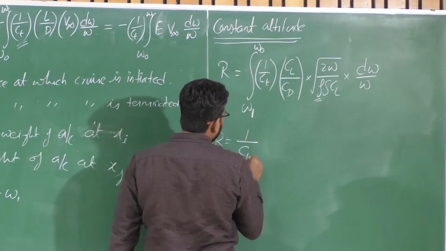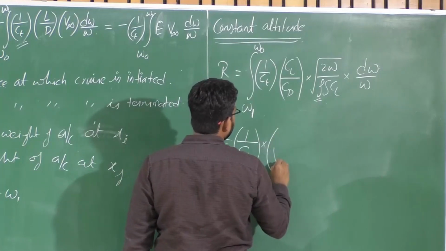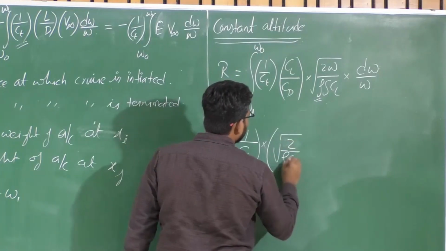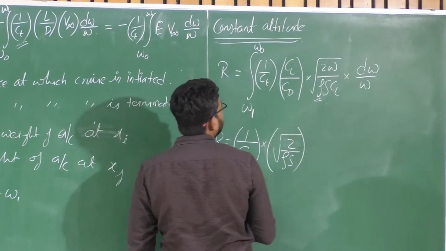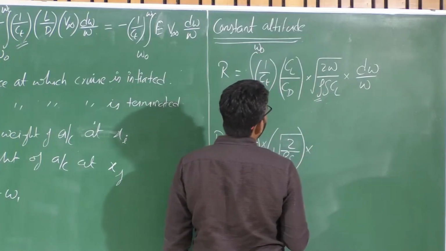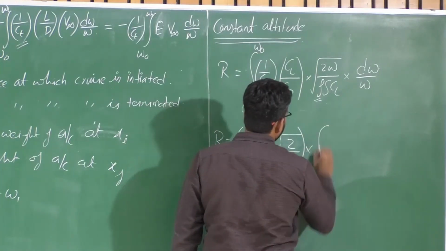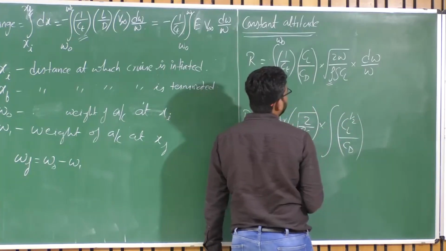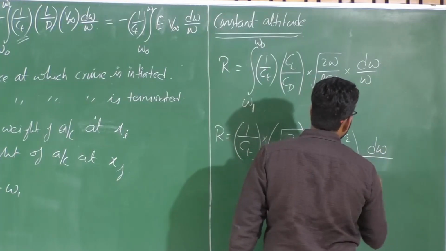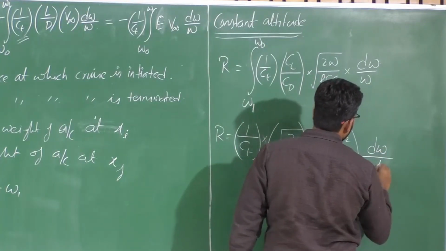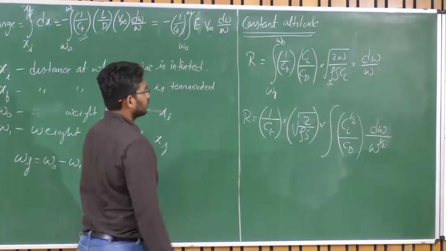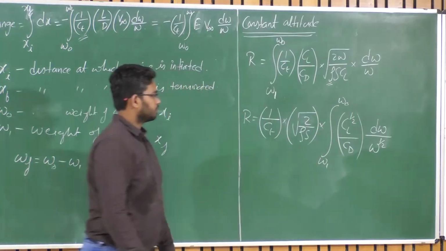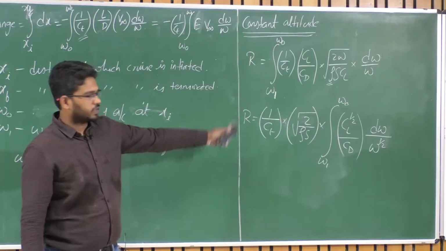So what I have is 1 upon Ct times root over 2 upon rho S, which can come out of this integration, times CL power 1 by 2 upon CD, multiplied by dW upon W raised to the power of 1 by 2, or root over W. This is from W1 to W0.